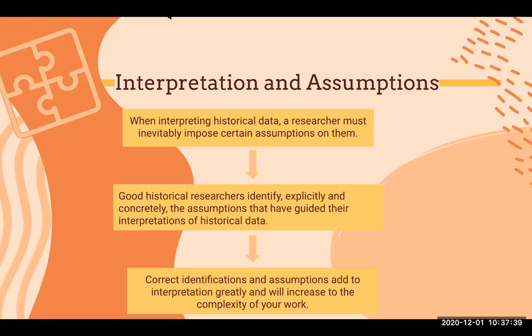Good historical researchers, though, identify explicitly and concretely the assumptions that have guided their interpretations of historical data. Correct identification of assumptions will add to the interpretation greatly and will increase the complexity of your work. In this way, assumptions are actually necessary as a part of interpretation, and they're not something that is completely bad like we're used to thinking.